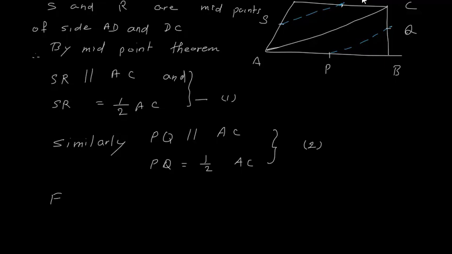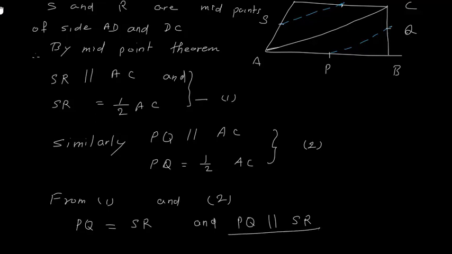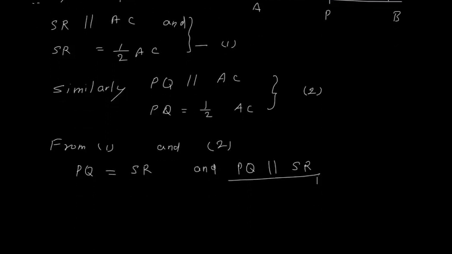So from 1 and 2, I will say that SR is equal to PQ, and PQ is parallel to SR. Now in a quadrilateral, if one pair of opposite sides is parallel and equal, then it is a parallelogram.